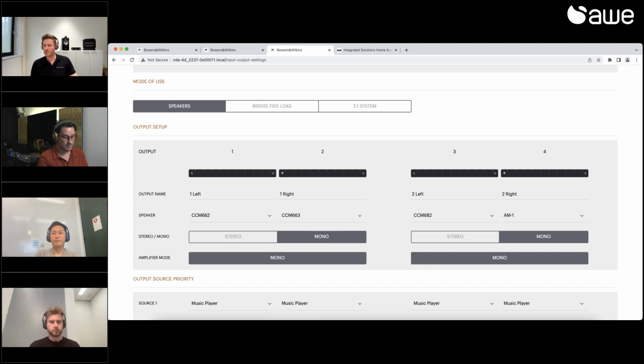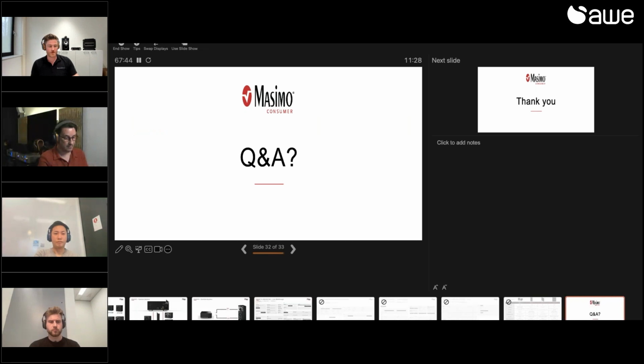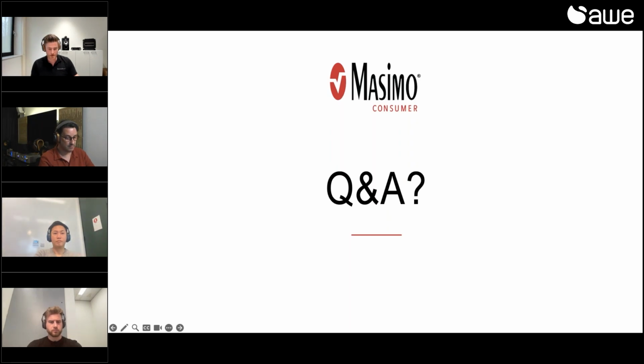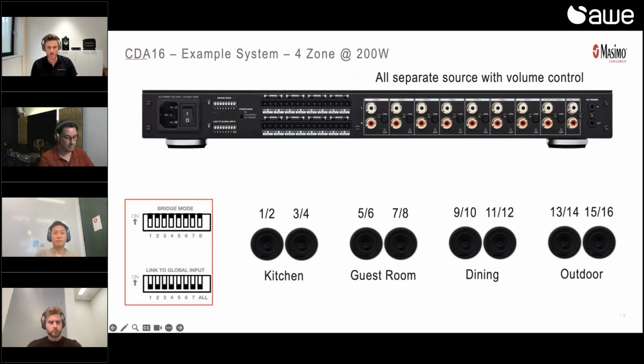I don't know exactly what he means by that, but if I'm switching back to that slide, so you have one global output on the far right, so the last RCA output. That you should be able to run to an active subwoofer or CDA 4 or 2.